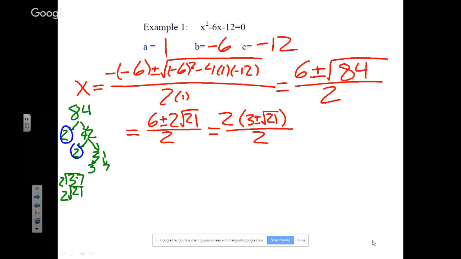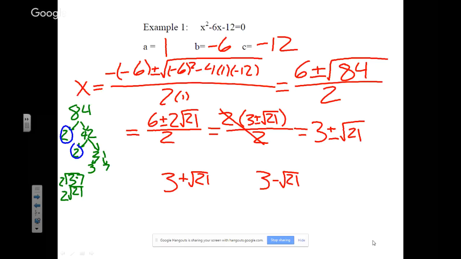But now we've got 2's here that can just cancel out, which just leaves us with 3 plus or minus the square root of 21. And what this plus or minus means is that we have 3 plus the square root of 21, but we also have 3 minus the square root of 21.